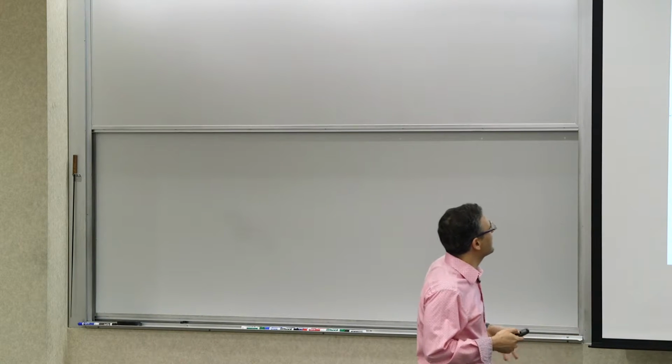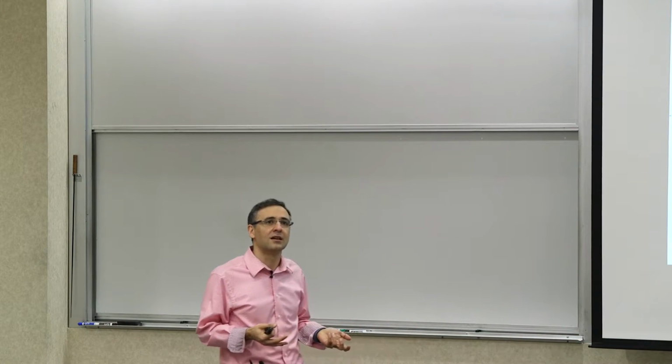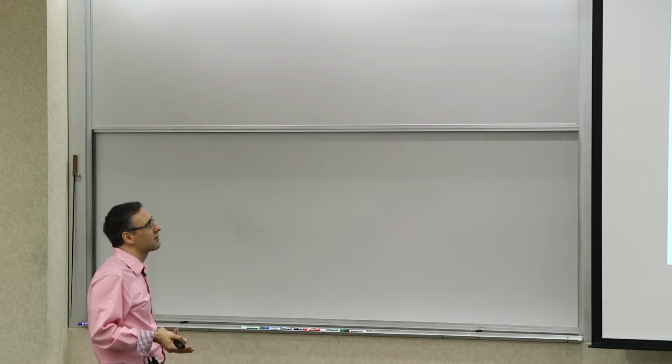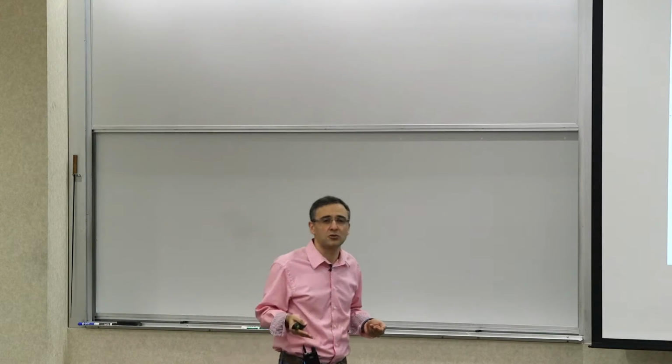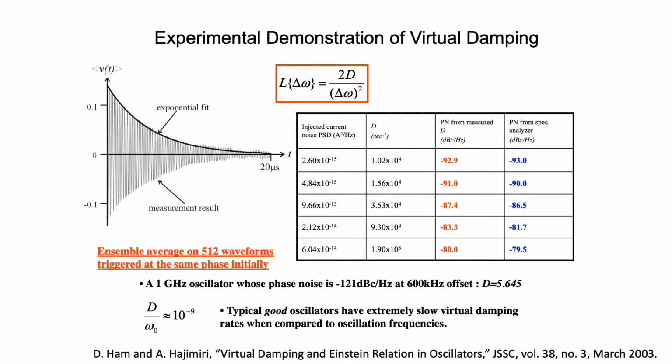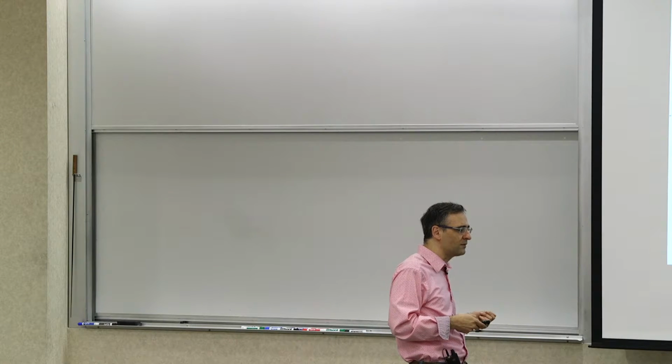Based on that, you can calculate what your rate of decay and phase noise are. There's a simple relationship that describes the phase noise in terms of this rate of decay. If you look at the damping rate, d, it would simply be 2d over delta omega squared, and that describes the 1 over f squared drop of the noise.